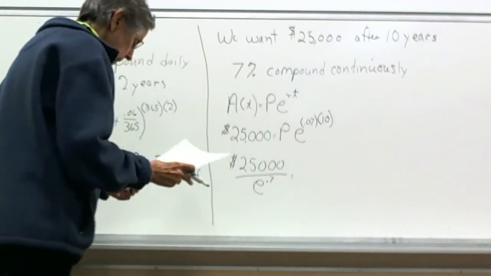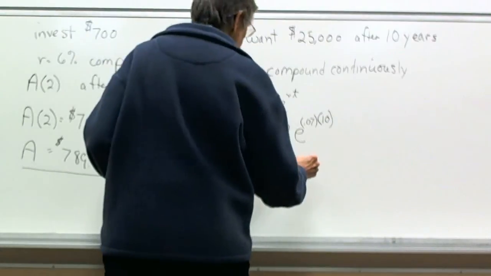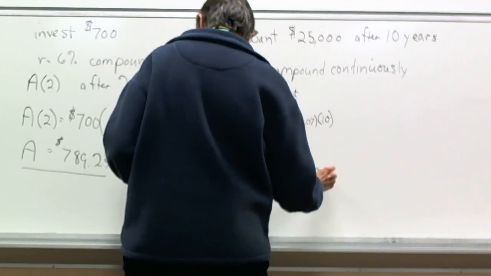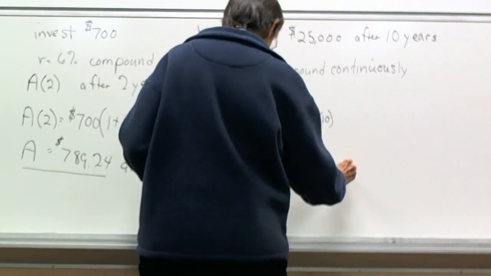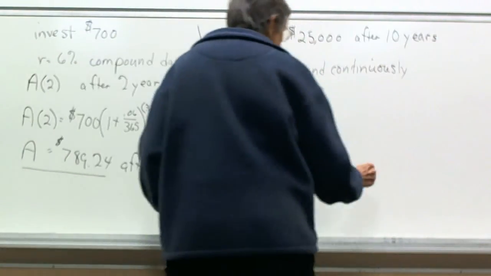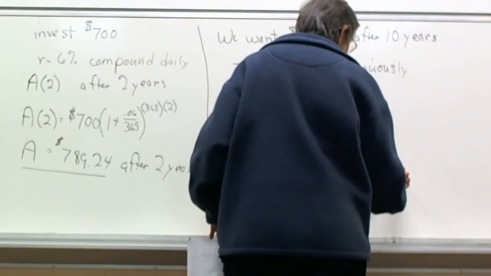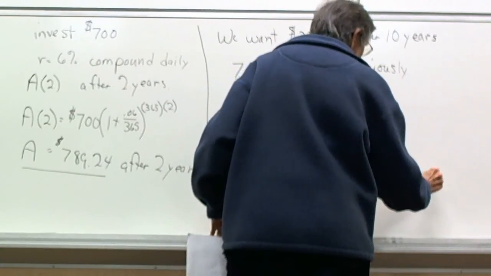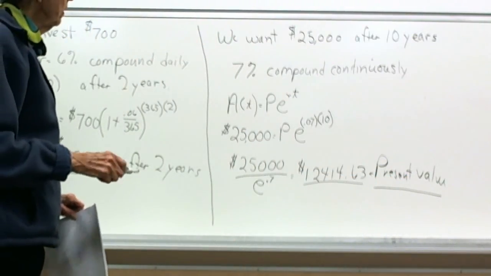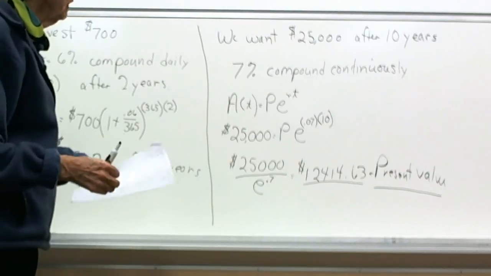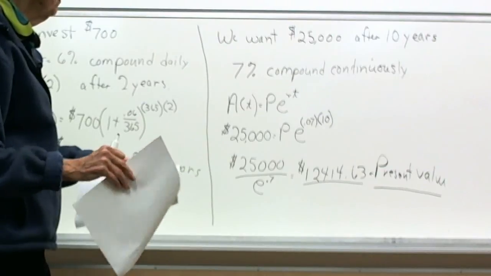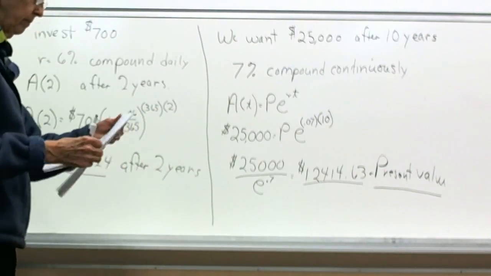Plug this in my calculator, and I come out with a principal, or original amount of $12,414.63. So this is what we need to invest, or our present value, at this point in order to have $25,000 at the end of 10 years. And again, we're using the compounding continuously formula in that particular problem.